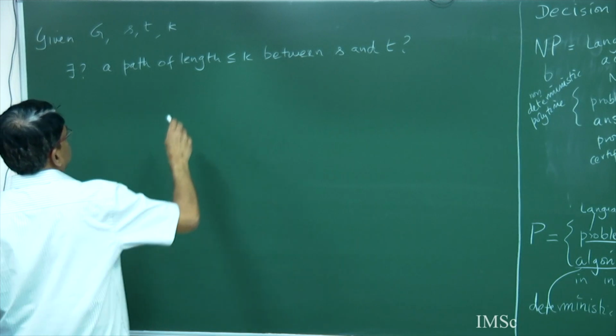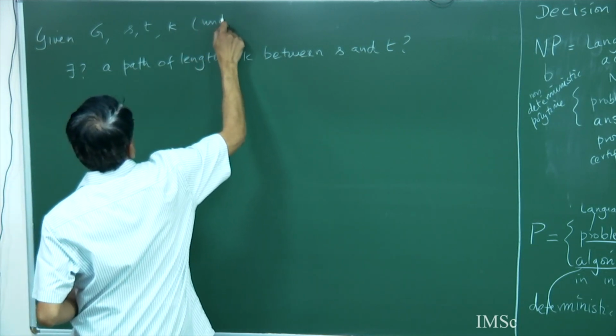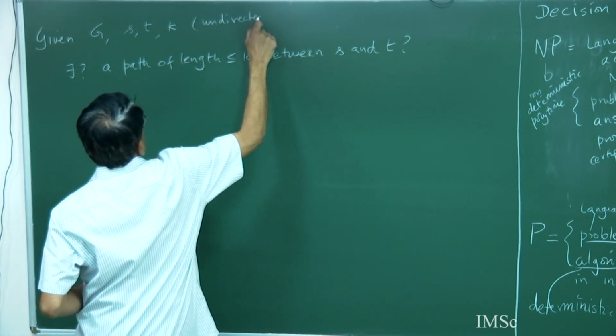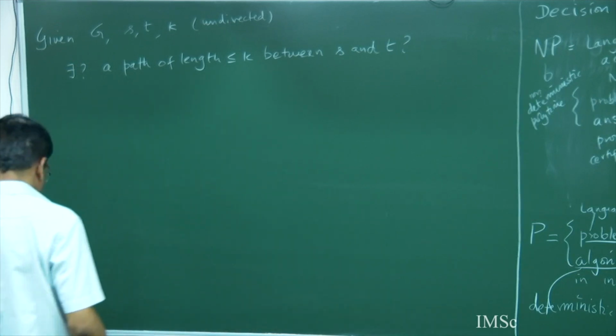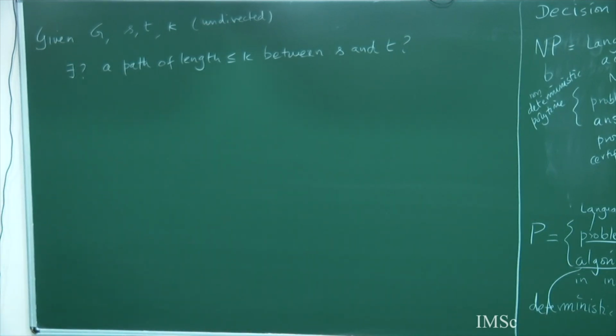Okay, undirected. So is it in NP or? We don't even need a certificate. We can just run that algorithm, but someone has to give the certificate for us to verify. No.